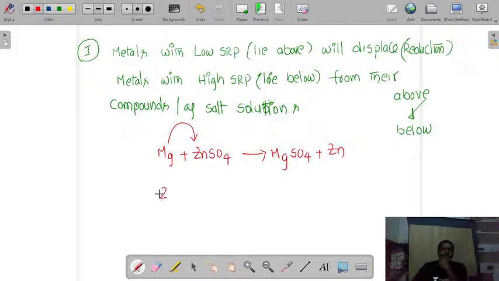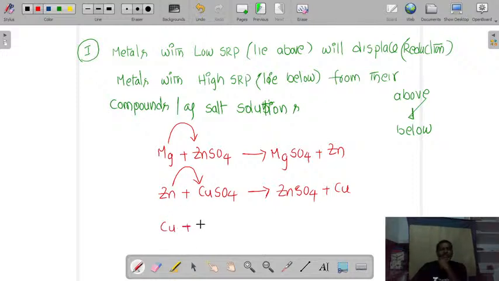Similarly, zinc, when it reacts with copper sulfate solution, zinc above the series, so it can displace copper from its solution and forms copper.